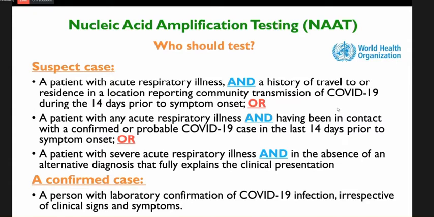According to a WHO guide for global surveillance of COVID-19, the test should be performed in suspected cases, and the WHO defined suspected cases as one of the following.